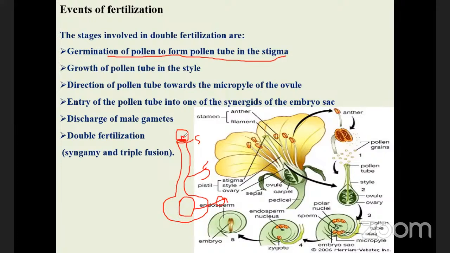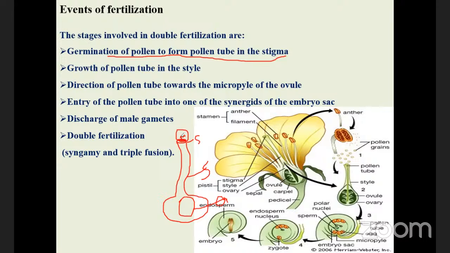There are two types of pollination, self-pollination and cross-pollination. Pollen reaches the stigma of the same flower, or pollen reaches the stigma of another flower. Whatever the mechanism, the reaching of pollen toward the stigma is called pollination.